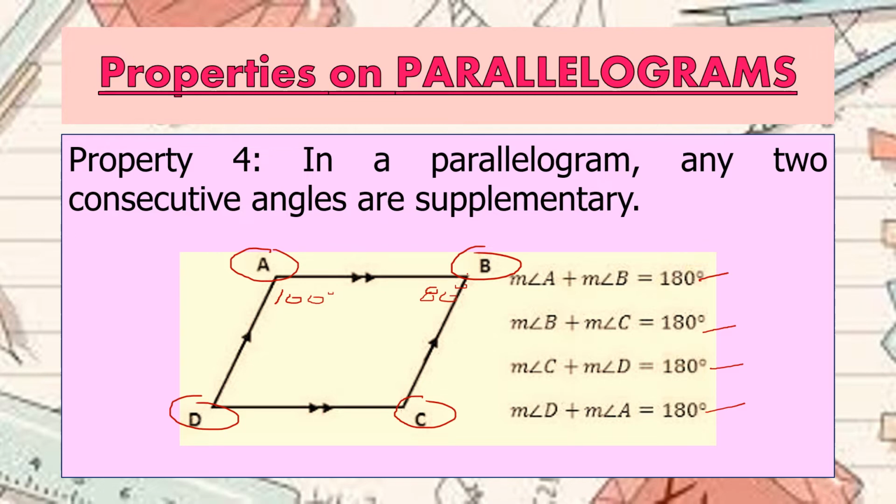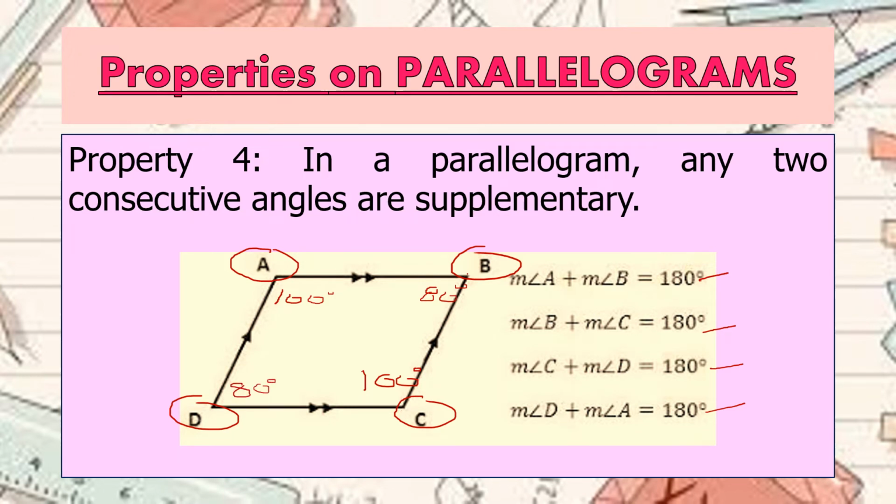Tapos, itong si B at si C, magkasunod din. So, meaning, 100 din itong si C. Kasi kailangan kapag pinag-add ko si B, given na siya ay 80, ang magiging result ng ating sagot kapag pinag-add sila ay 180. So, meaning, dapat si C, 100 din. Tapos si B, balikan natin yung ating definition kanina sa supplementary. So, meaning, siya ay 80 degrees.